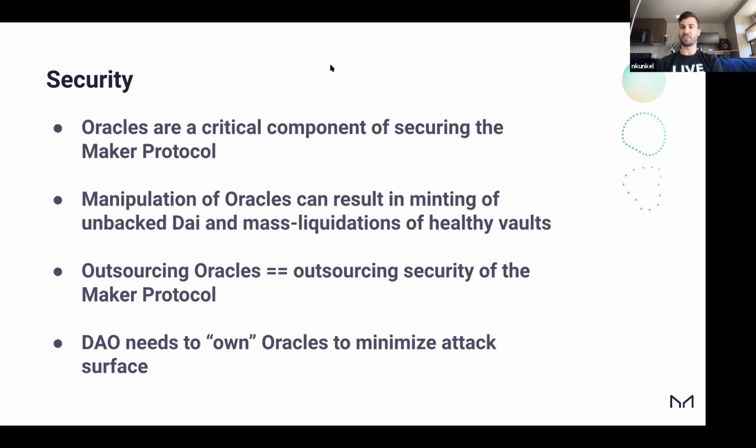So if someone is able to manipulate the Oracle price in any way, it can result in the minting of unbacked DAI, and it can also result in the mass liquidation of what would otherwise be healthy vaults. Those are both scenarios that are quite concerning, because they can effectively be used by an attacker for direct profit.